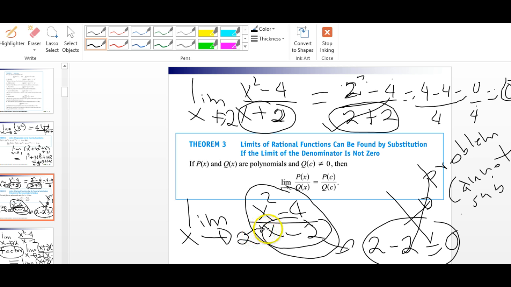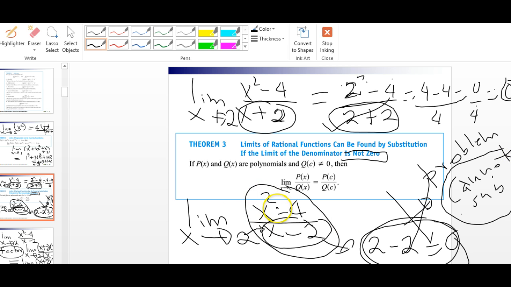So if you plug in x equals 2, what do you have? You get 2 minus 2, which is 0. This is a problem. The moment this is 0, you cannot use this theorem because it says not 0. Can you see that? So if it is 0, we have a problem. We cannot substitute, cannot plug in.